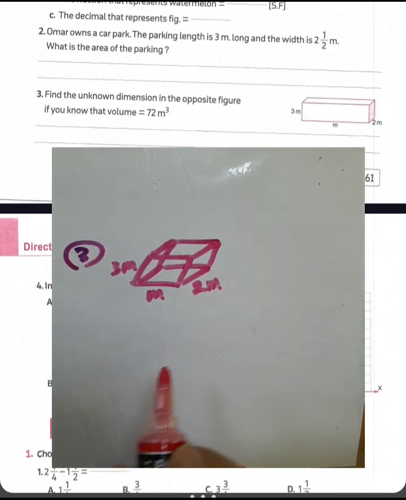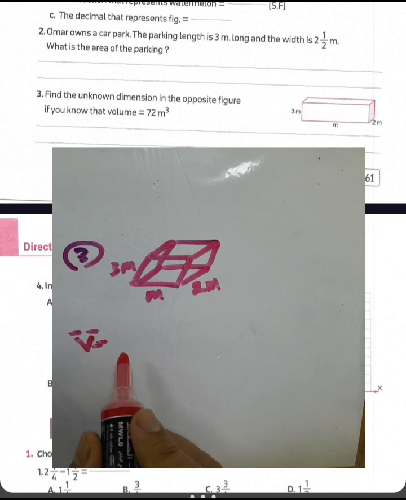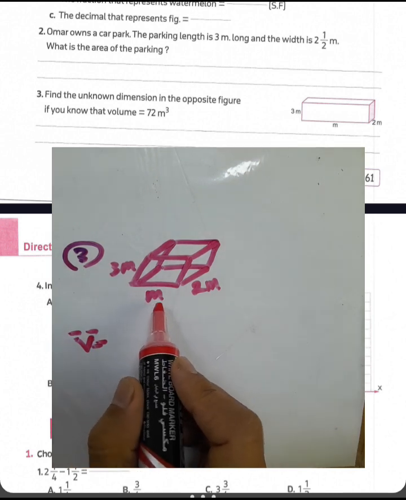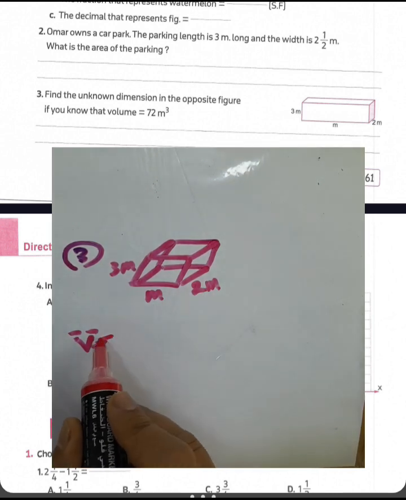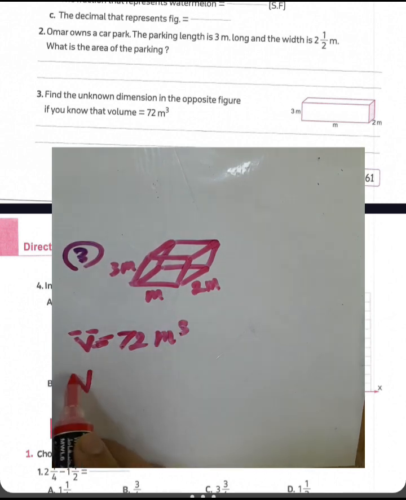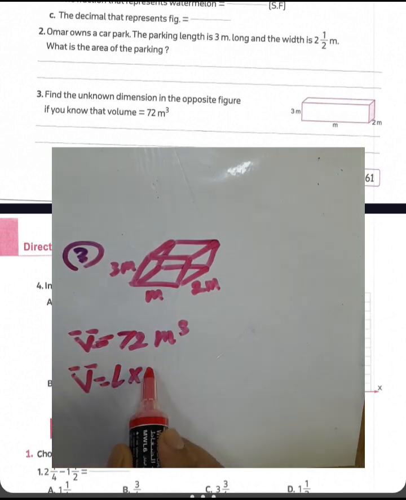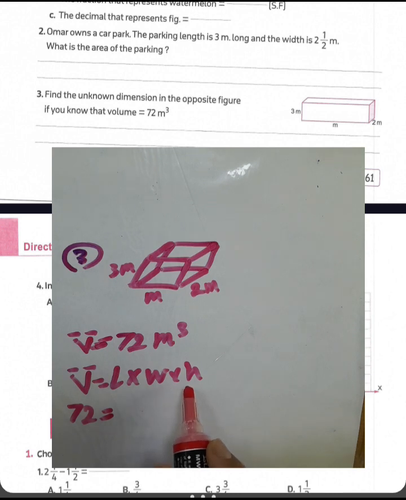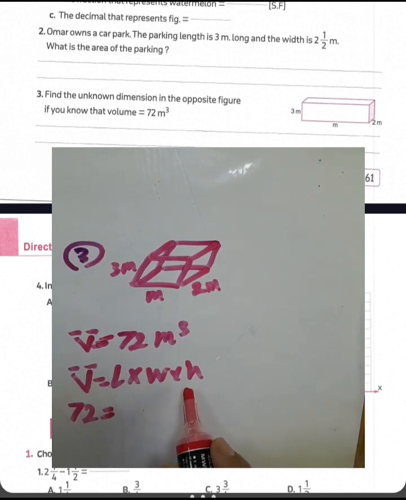We know the volume equals length product by width product by height. He gave us the volume, 72.